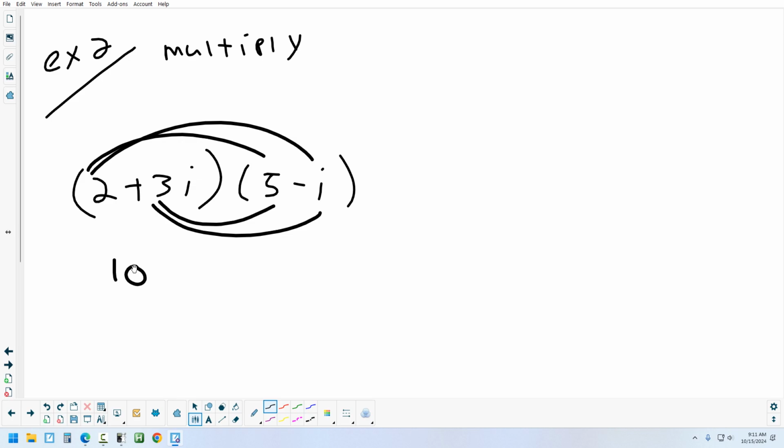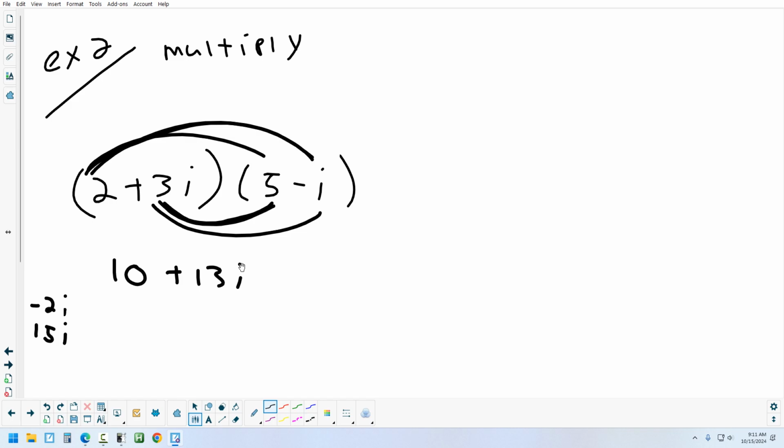So 10. And 2 times -i, what's that going to be? -2i. So I'm just going to do that off to the side for a second, -2i. And Michael, 5 times 3i? 15, right? So that gives me 15i. 15i, -2i is 13i.